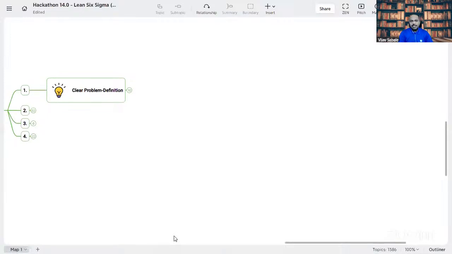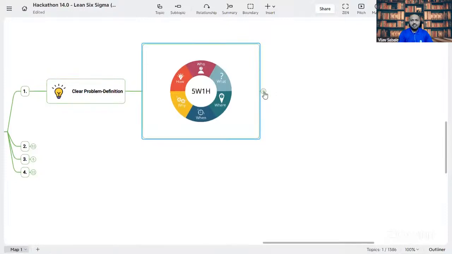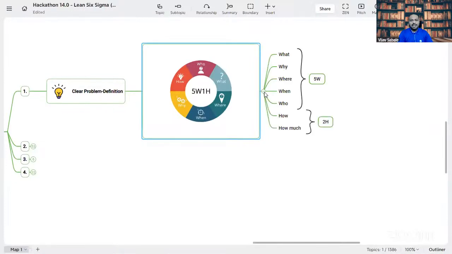Now the question is how we can create a clear problem definition. For that purpose, there is a simple but effective tool called 5W1H. In some cases, we also use it as 5W2H. What is the difference between these two? It's just one additional element that we investigate in 2H, right?